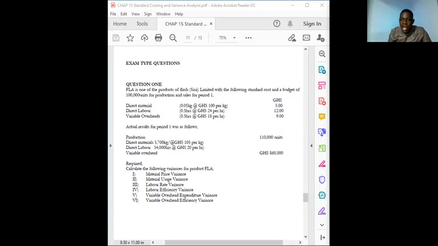So here, our labor efficiency variance will be equal to actual of 54,000 minus 55,000 measured at a standard rate, right? Our standard rate was what? 24, measured at 24. So let me have my standard rate here. SR is equal to 24 Ghana cedi per hour. Good.